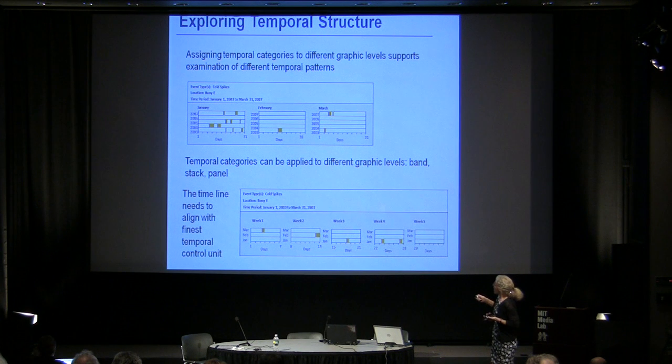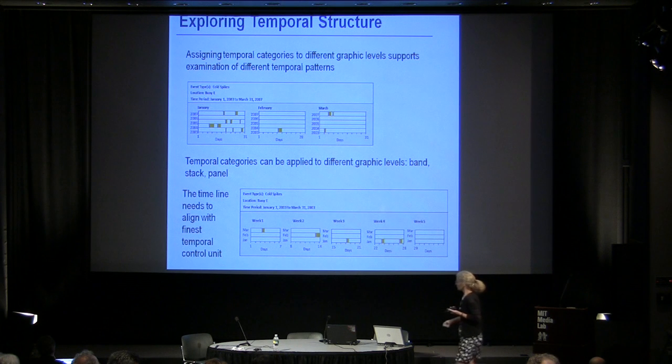And so I can say, okay, how did January fare over a number of years? How did it look in February? How did it look in March? And I might want to then explore it in more temporal granularity. So I can now assign, say, weeks to the stacks and months to the bands. And there is a temporal interaction here, in that this timeline is constrained by our smallest temporal unit.